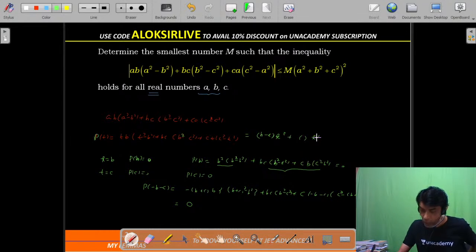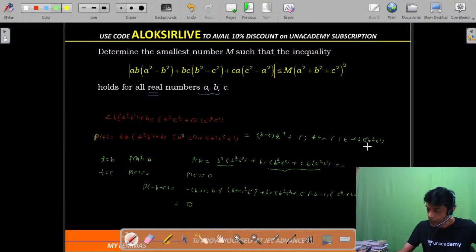The t squared term will be 0 because of bc plus c. I am not concerned about the coefficient of t, and the constant term is of course bc times b squared minus c squared, a constant term because the others all have a factor of t, right? So this is your constant term. Now this is good enough. If it is a constant term like this, you can check that b plus c will of course come. That you can check also.